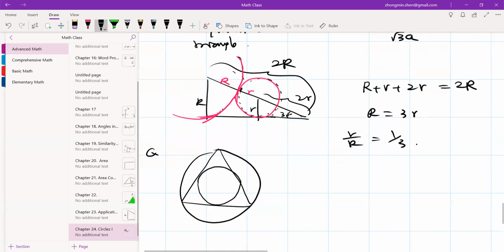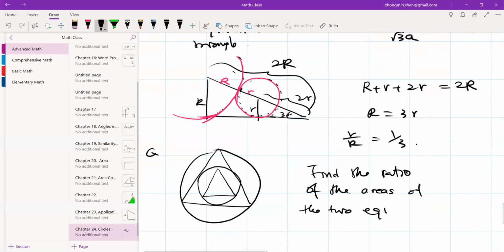Then have another equilateral triangle inside. Okay, find the ratio of the areas of the two equilateral triangles.